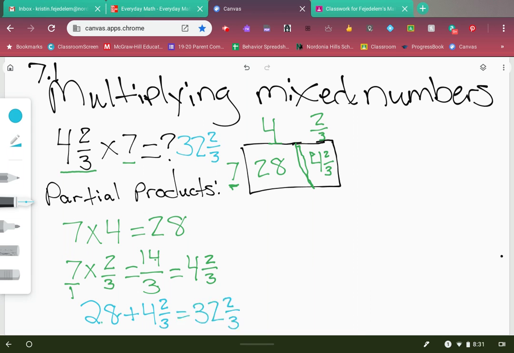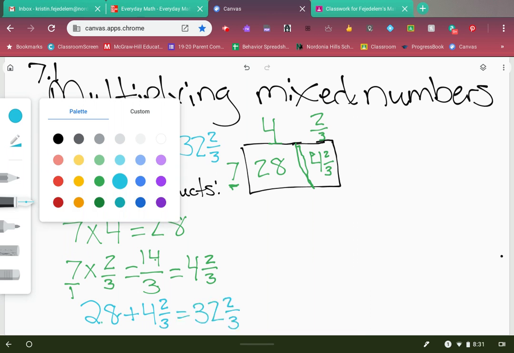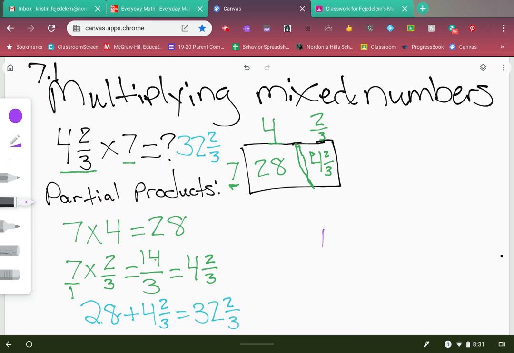So you might be like, wow, Miss Vegetallen, that was all for one problem? Yes, it is. But what happens is a lot of people look at this problem. Let me change my color. Let me point out what a lot of people do and that it's incorrect.